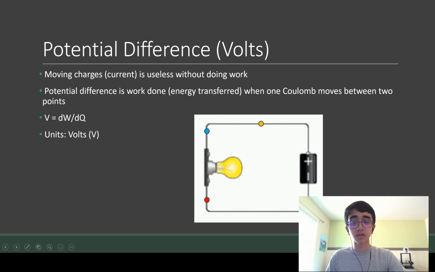So the voltage or the potential difference between the blue and red point is also 12 volts. So for every coulomb of charge, the light bulb uses 12 joules of energy, 12 volts.